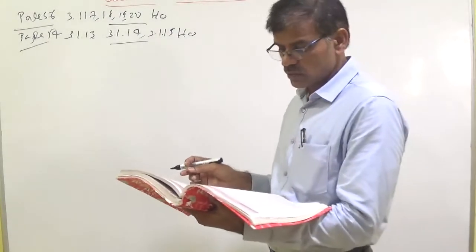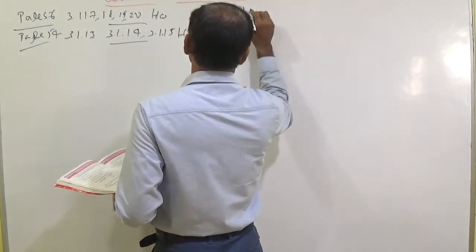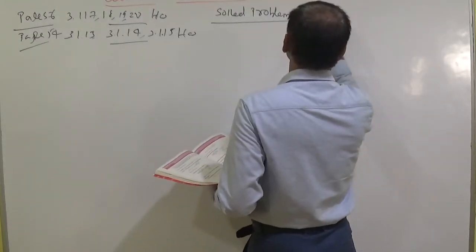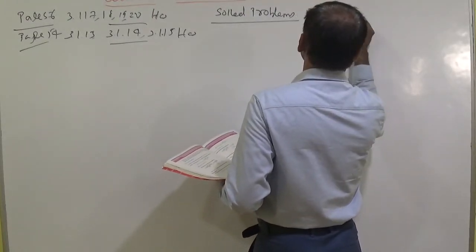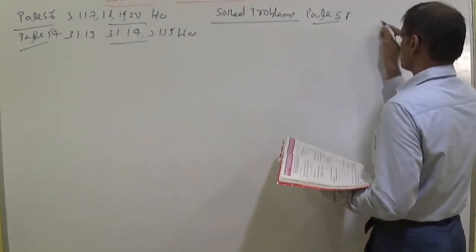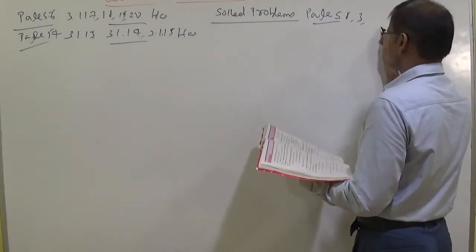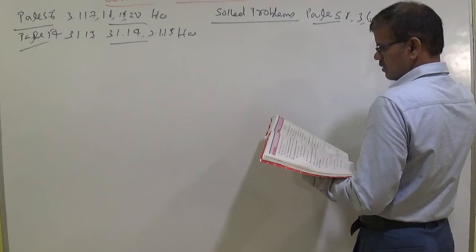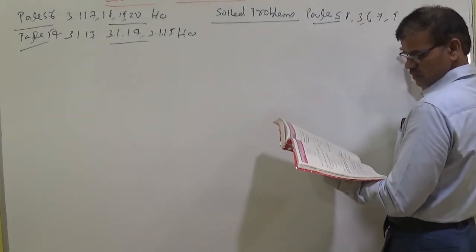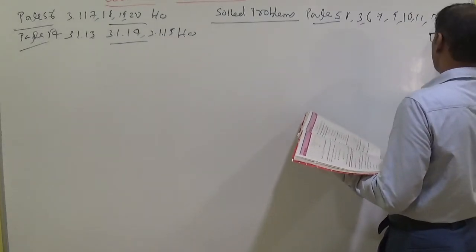Now let us discuss the solved problems on page number 58. Solved problems, page 58. I want to discuss with you the sums 3, 6, 7, 9, 10, 11, 12, 13.